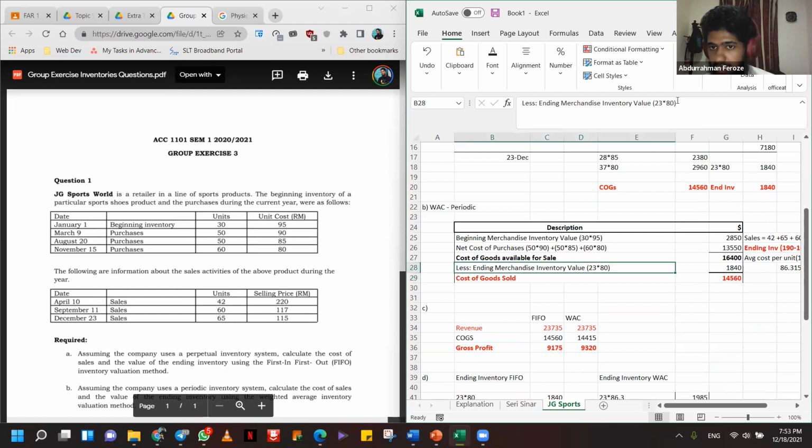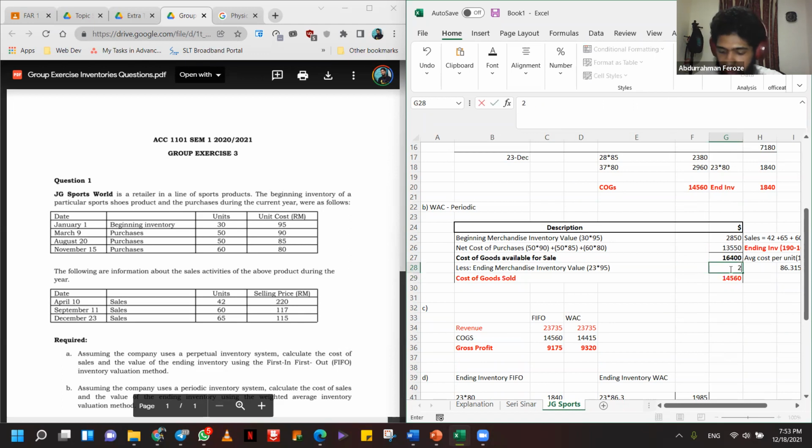So it would be 23 into 95, which would be 2,185. So this would be the answer if they ask you to do the periodic inventory system with the LIFO method. The one I showed you previously was the FIFO method, and the one we did originally was the WAC method. That's the only difference between these three.